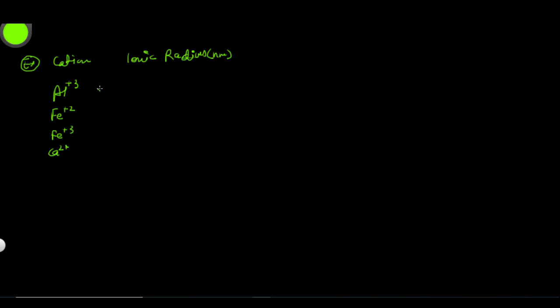So all ionic radii are given: 0.053, 0.077, 0.069 and 0.100.